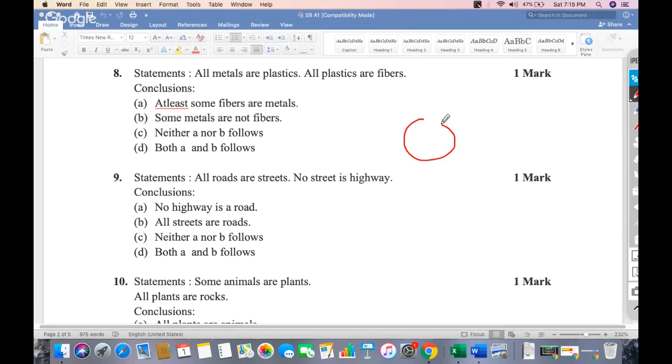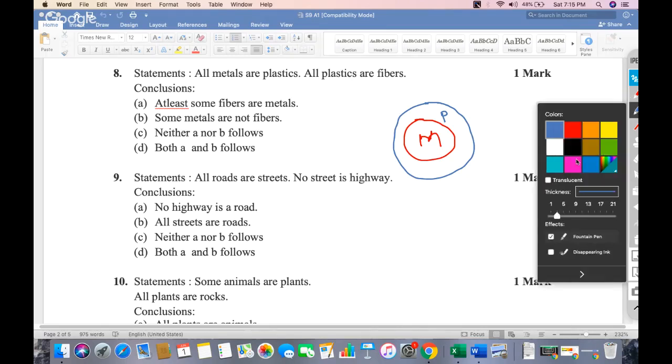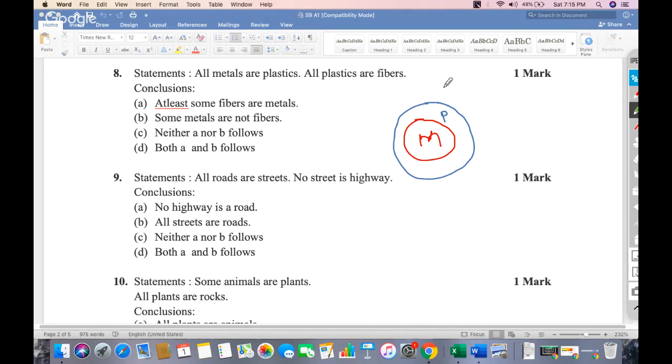And all plastics are fibers, so this is fiber. Now "at least some fibers are metals" is correct. "Some metals are not fibers" is not correct, because the circle of metal is inside the fiber. So all the metal has to be fiber. So the second one is not correct. So the option is A over here.